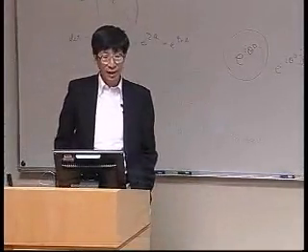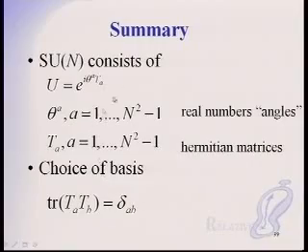So as a summary, SU(N) consists of all U's that can be written in this exponential form, where the theta A's, ranging over this range, are real numbers, like angles. And the T A's are Hermitian matrices satisfying this condition.